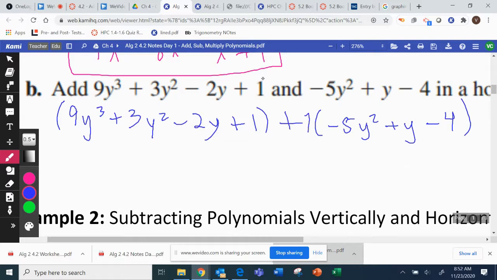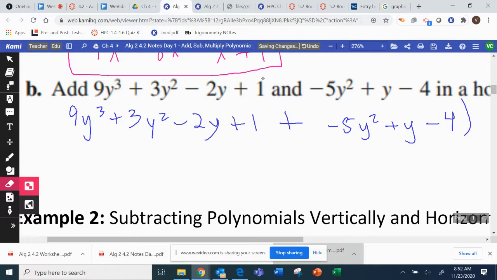I have a 1. Jackson? Yeah, if it was a subtraction, I definitely have to distribute that negative number in. But this is a positive one that doesn't change anything, so I don't really need these parentheses. But that's what the horizontal method has.